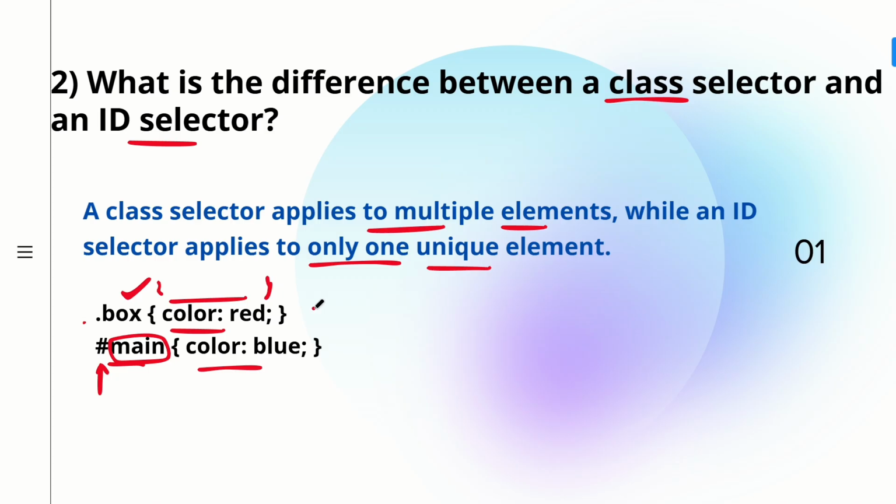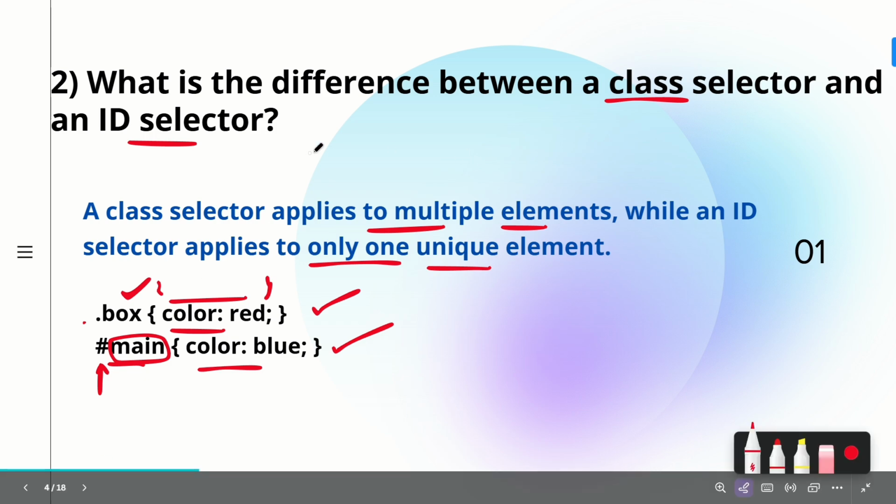So if you are writing a class name, then all the elements that have the same class name will become red, whereas the one single element which has its id as main will get color blue. This is the difference between class selector and id selector.